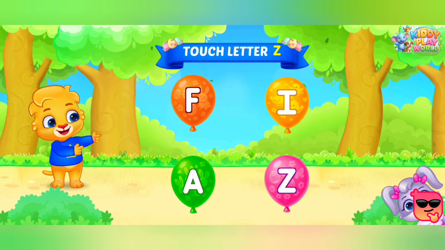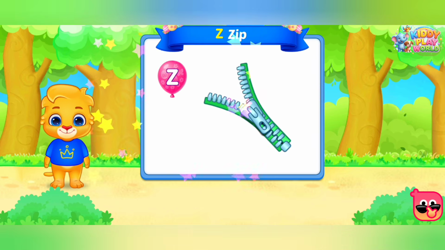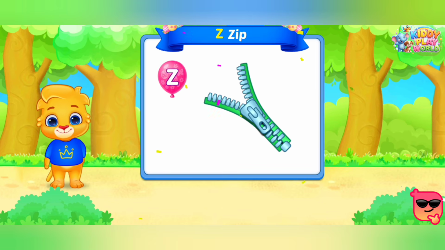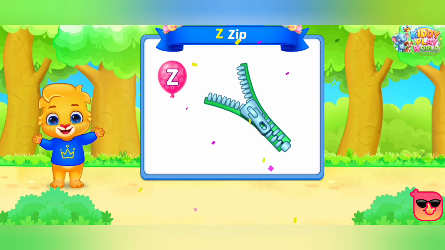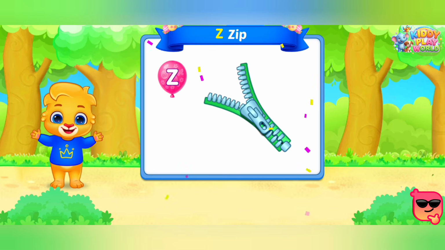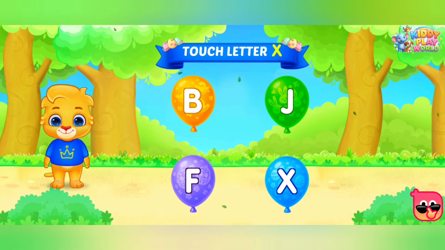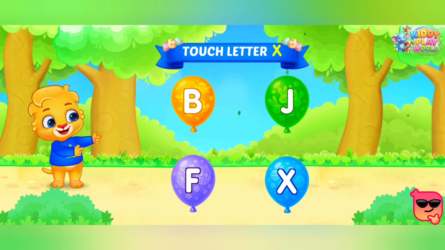Touch letter. Z. Z is for zip. Touch letter.